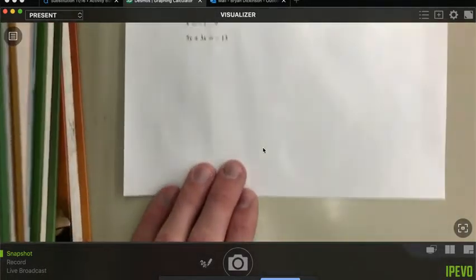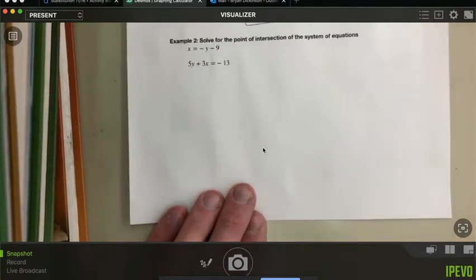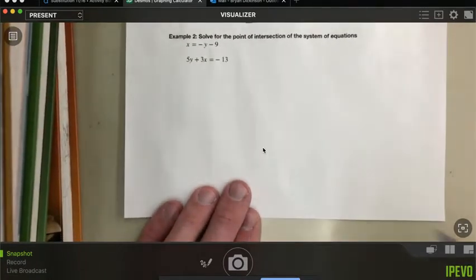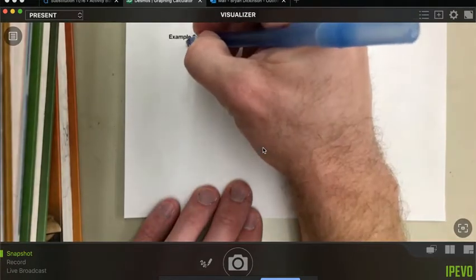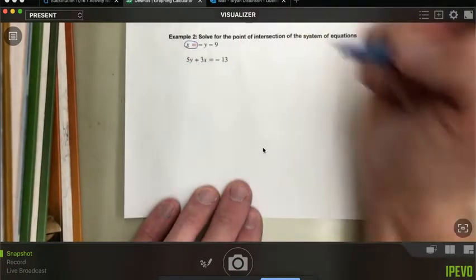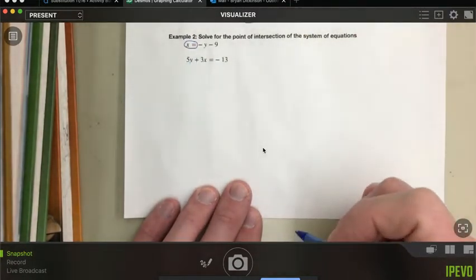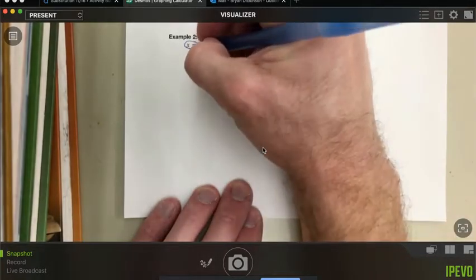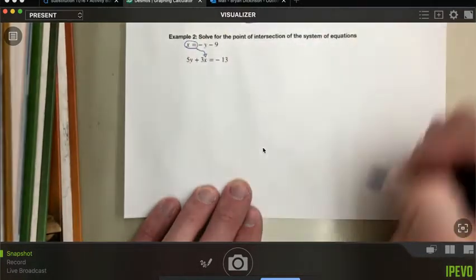In this example 2, you'll probably notice that rather than y equals something, we have x equals something. And so that means we're going to be looking to replace the x in the other equation.